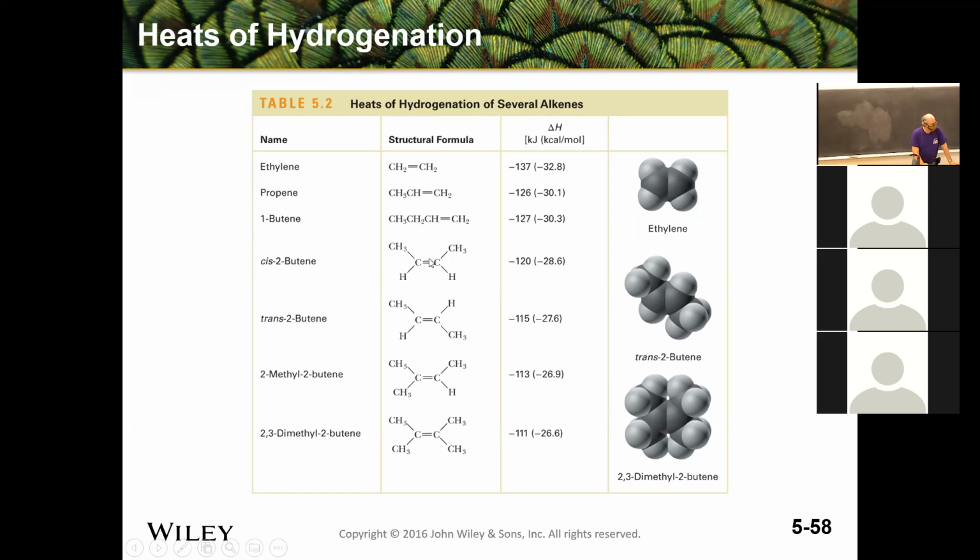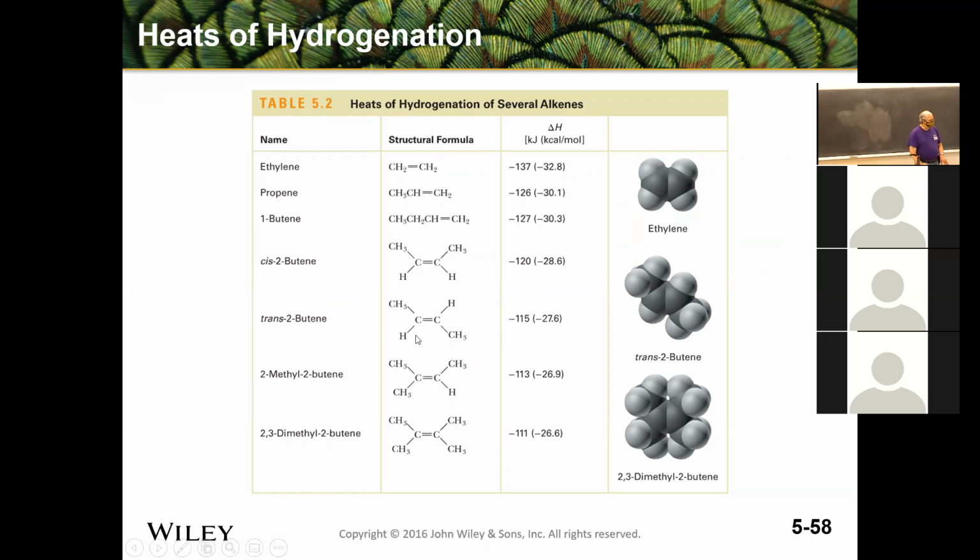However, when the double bond is internal, as in cis-2-butene or trans-2-butene, we can see that the heat of hydrogenation continues to go down. And by calorimetry, we can show that the trans is more stable than the cis. And that's probably what we would expect.